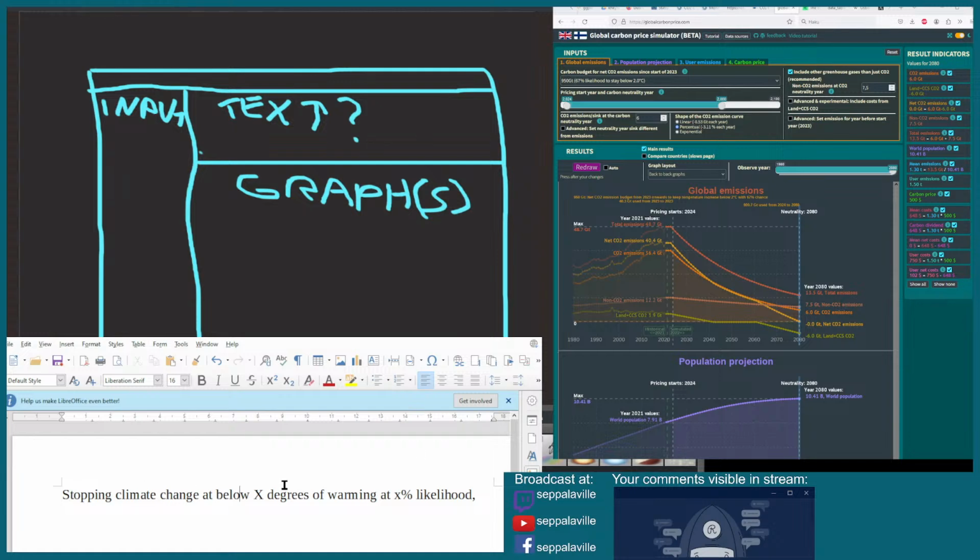So this would always change depending on your selections in the dashboard.